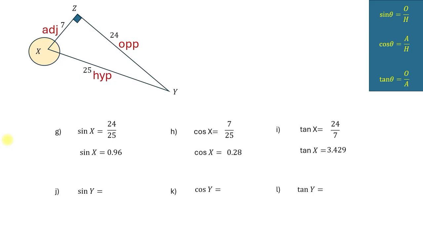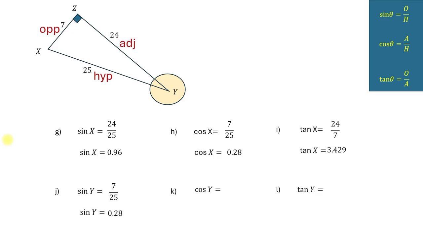Now, for questions J, K, and L, our reference angle changes. Now we're dealing with angle Y. So we'll mark our reference angle. Our labels change. Now the sine of Y, opposite over hypotenuse, is 7/25, or a decimal of 0.28.